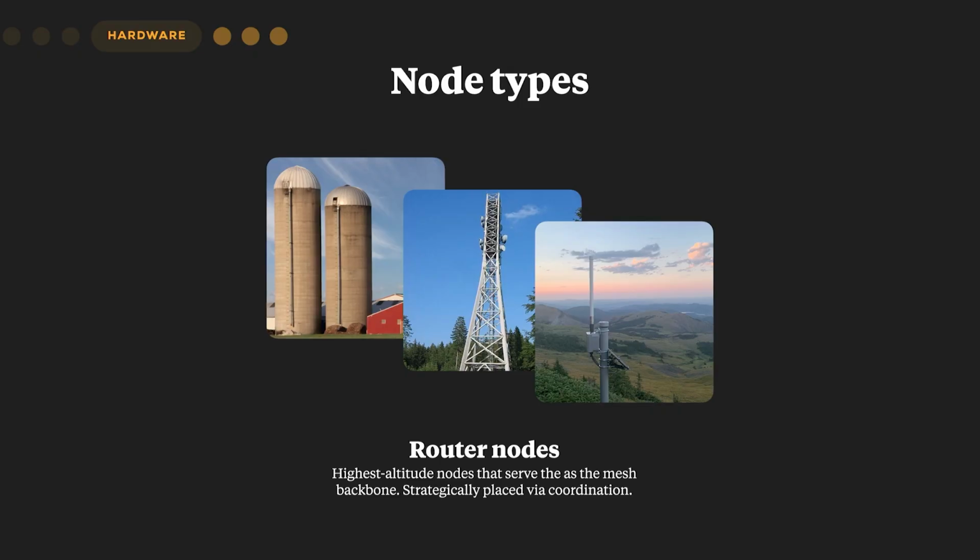And these tend to be the highest locations in a region. So think on top of a radio tower, maybe a silo that we might find in Minnesota, on top of a hill or a mountain. And these router nodes serve as a backbone of a local mesh infrastructure to do the main routing between different parts of a region where people are connecting.